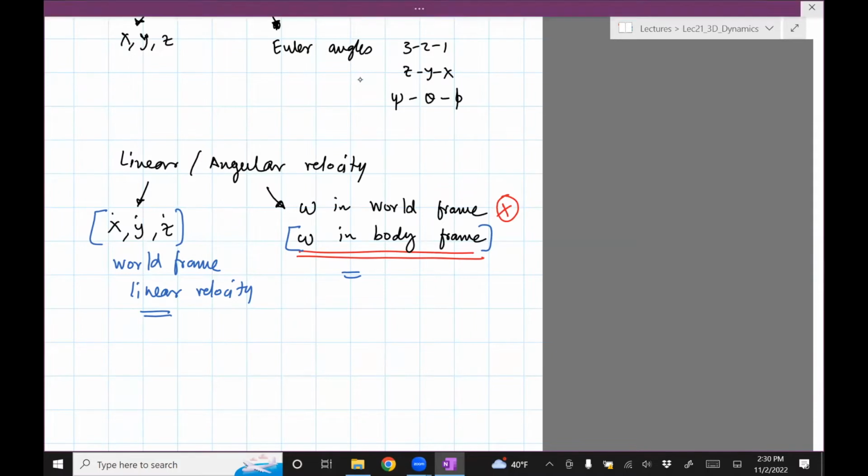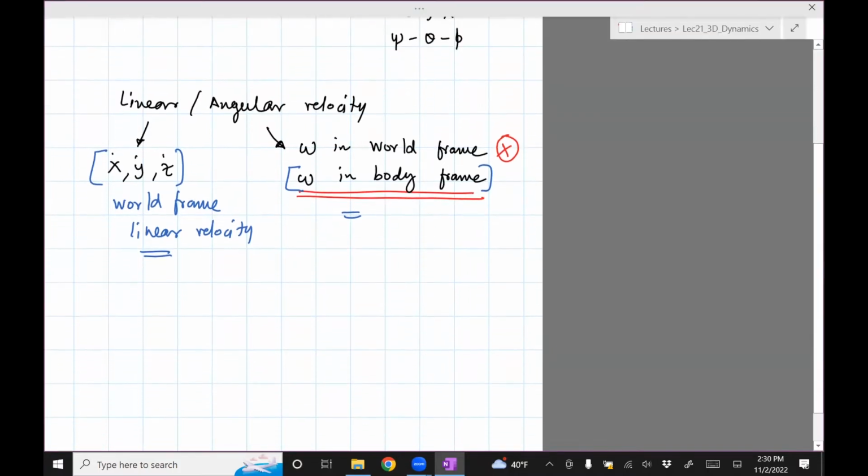So what's the angular velocity in body frame? This is a formula I derived in the class last time. So angular velocity in body frame is given by, so let's say that has 3 components.